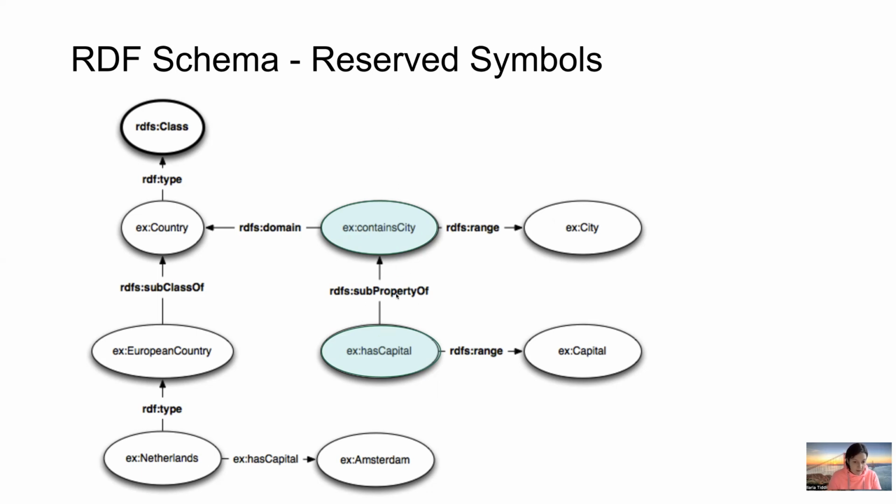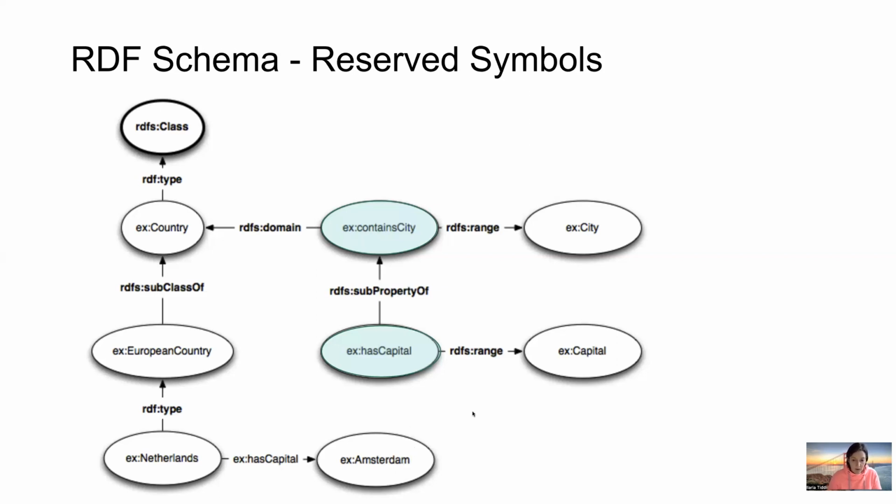Similarly, we can define a sub-property as capital, which can only appear with objects of type capital. Notice that when we then express information about instances of this class, we use the has capital property as a proper edge in the graph. So in the end, we get Netherlands has capital Amsterdam.